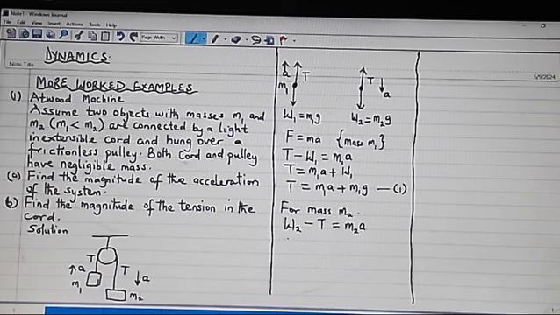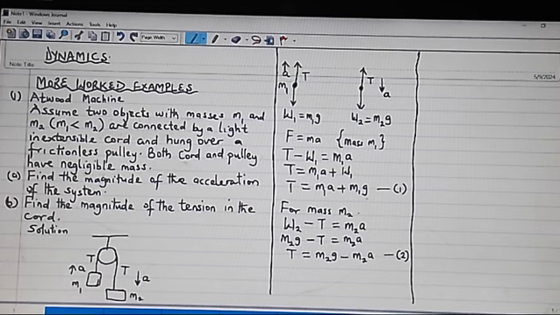What is W2? M2G. So we say M2 times G minus tension is equal to M2A. And of course, we get an expression for tension. The tension will now be equal to M2G minus M2A. Let's call this one equation 2.